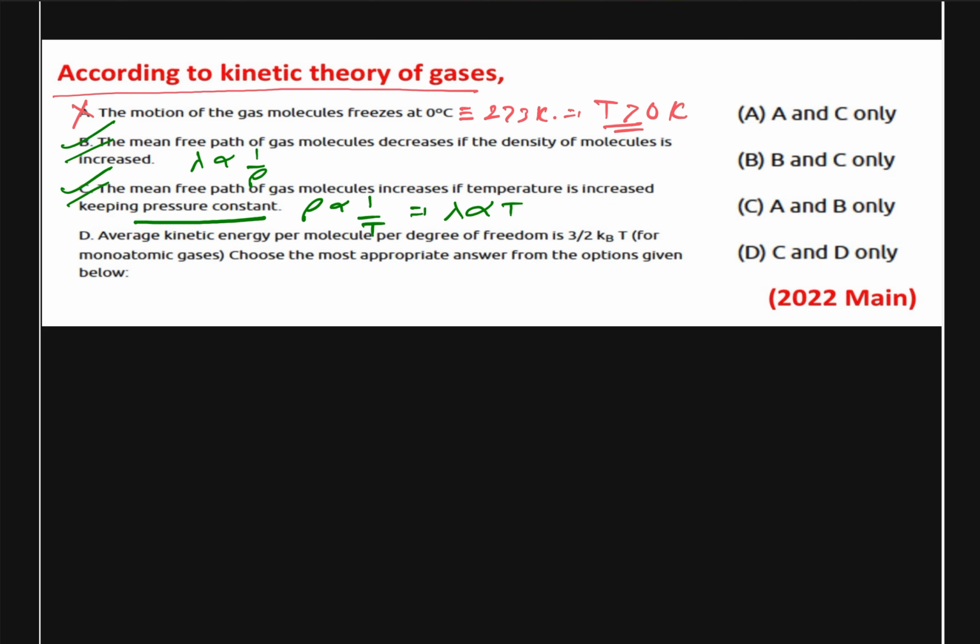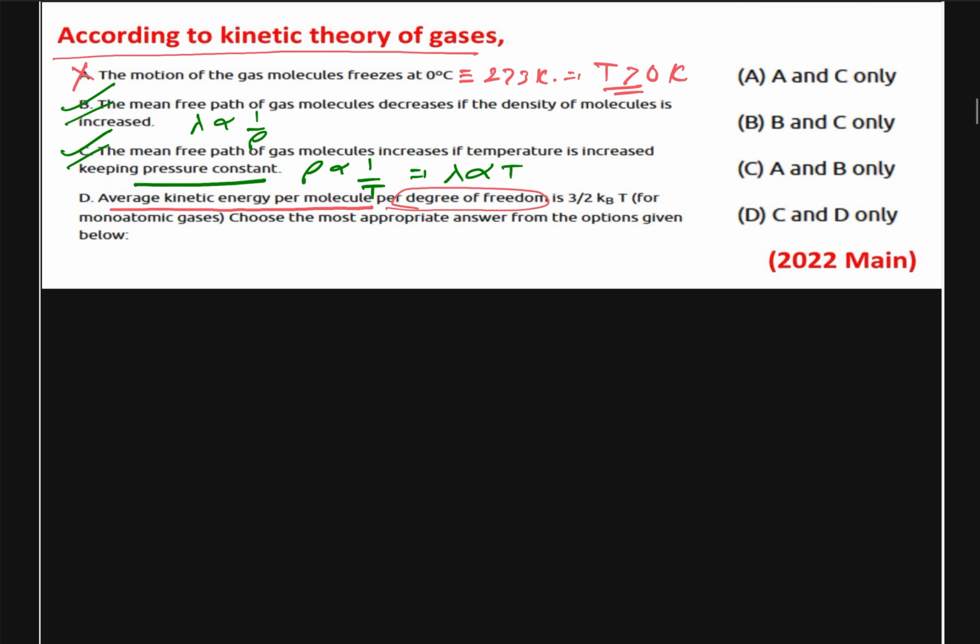We have to remember that it asks for average kinetic energy per molecule and per degree of freedom. The standard formula for average kinetic energy per molecule is 3/2 kT, and this is true for monatomic gas.